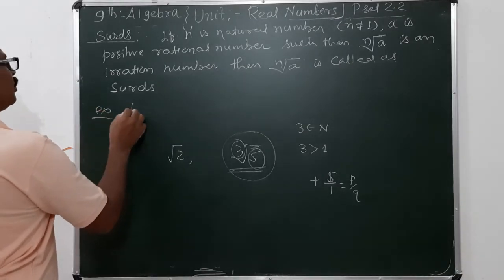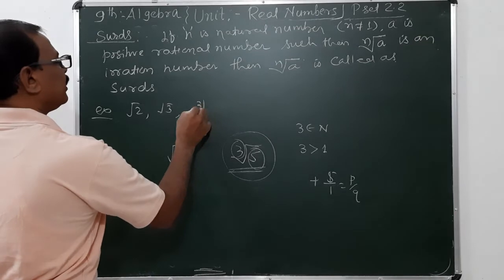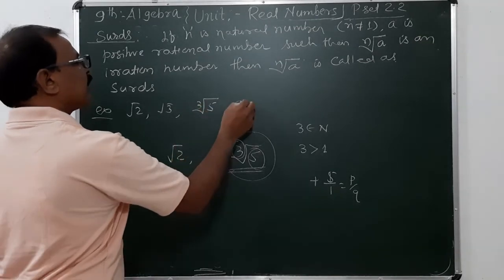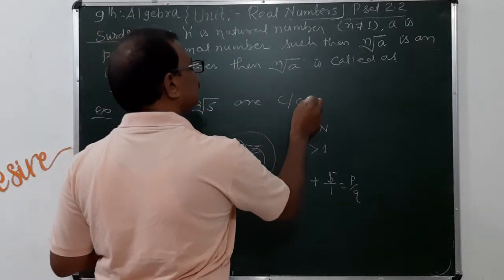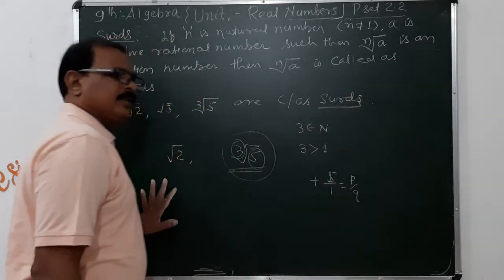Example, under root 2, under root 3, and 3 under root 5 are called as surds.